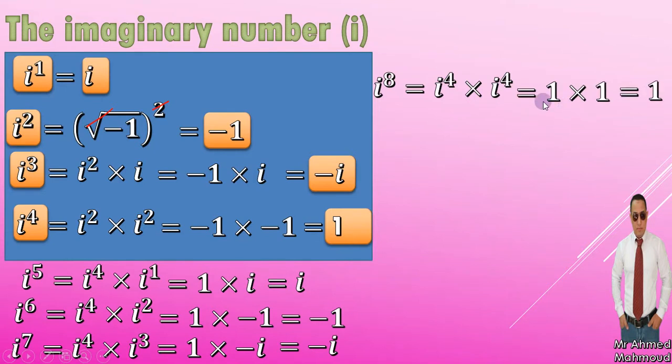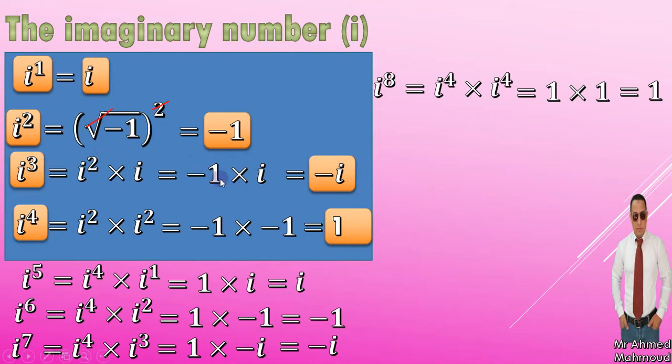By looking carefully here, i power 4 equals 1 and i power 8 equals 1. What is the relation? 4 and 8 are multiples of 4, or numbers divisible by 4. So, i to the power of any number divisible by 4 equals 1.